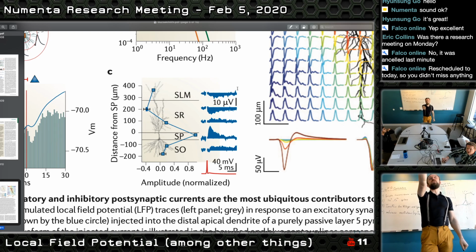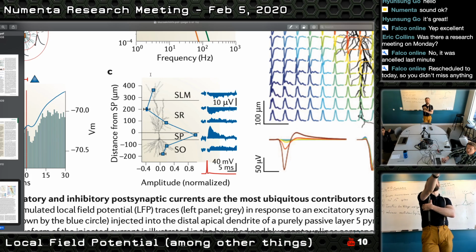And then when you go far enough out, that amplitude switches. Near the apical dendrites, the field effect is actually not positive, but negative. That is also shown by this blue line, which is normalized around the central axis at 0.